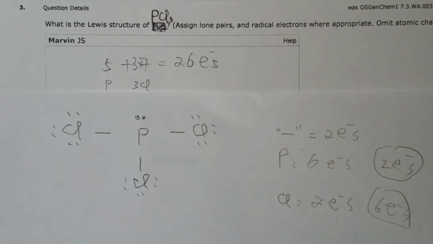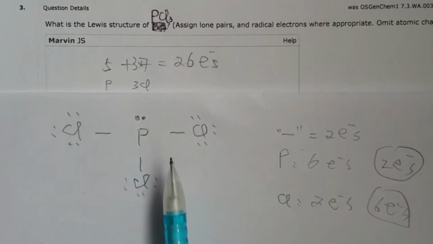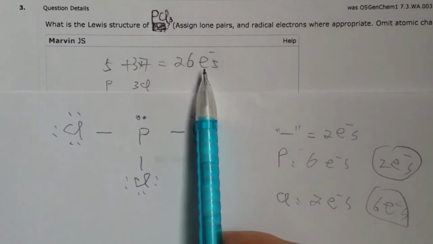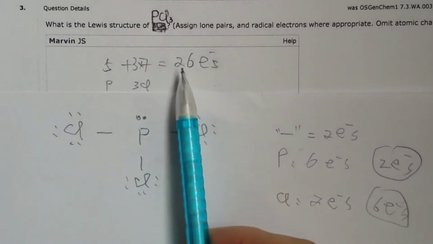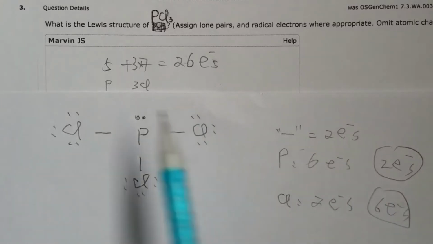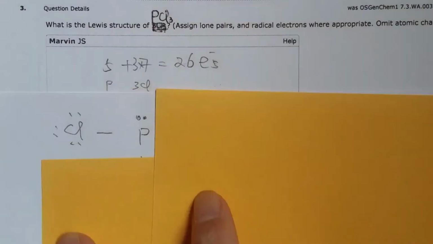Now let's take a look whether this structure is completed. The total number of valence electrons in the molecule is 26 electrons. Now let's count how many valence electrons have already been assigned.